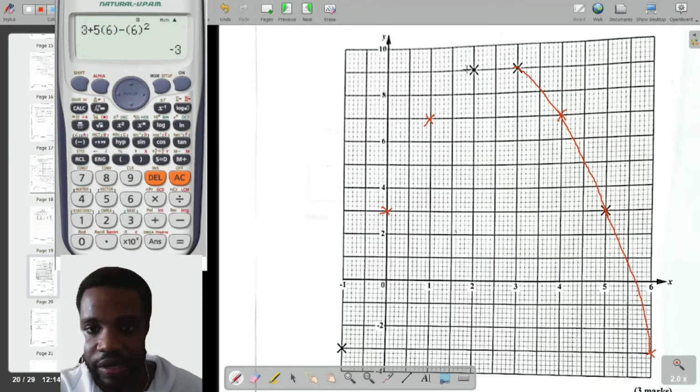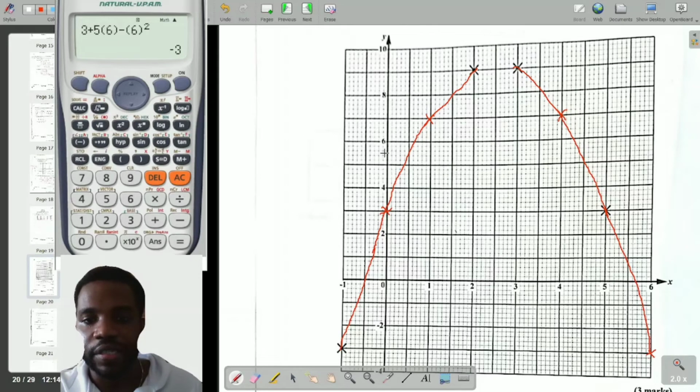Alright, now let's draw this side over here. So I'm going to come through my points. You try to get it as smooth as possible. This part here is a bit crooked, not as smooth as you want it. Alright, let me go again. There we go.